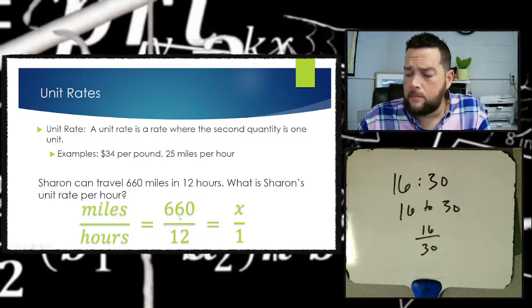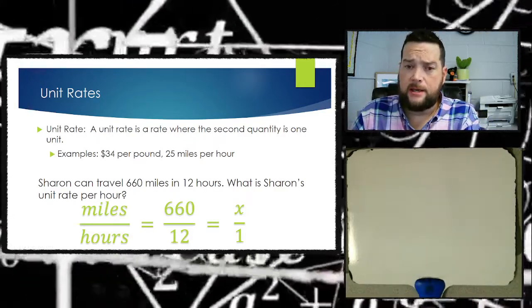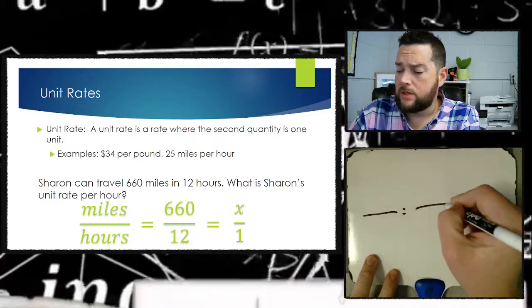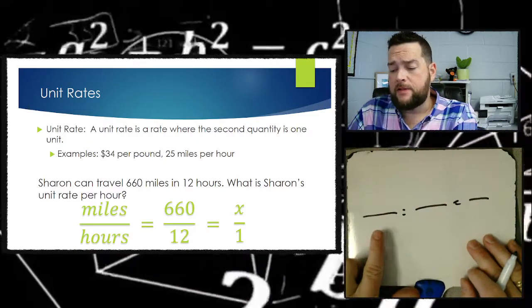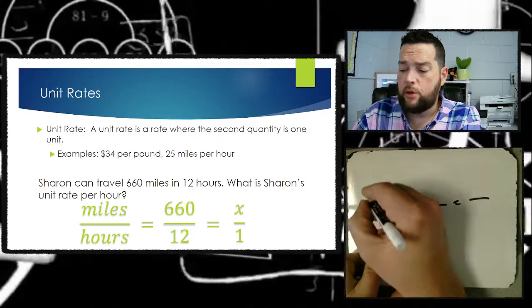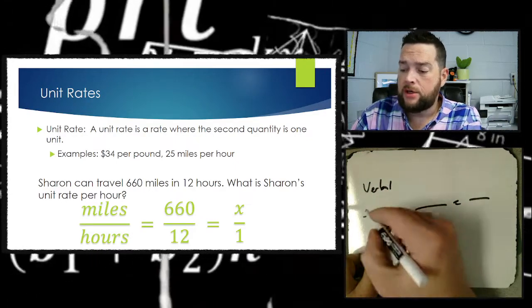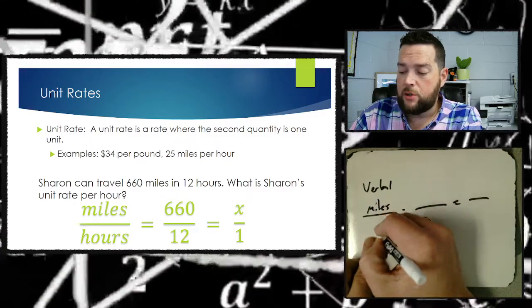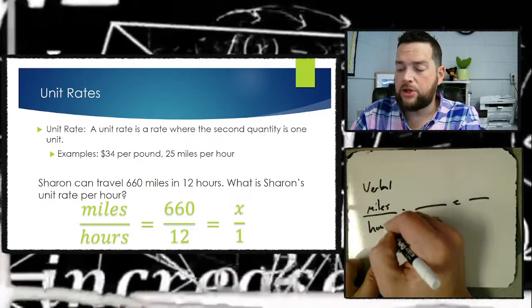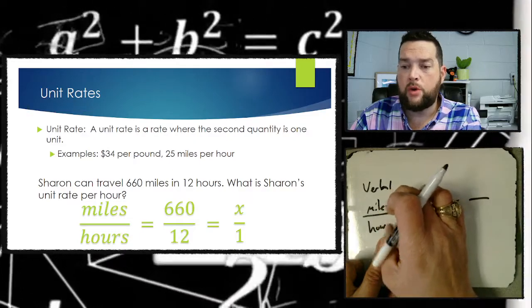To do that, I like to set up what I call a proportion map, which looks like this: line equals line equals line. The first ratio is a verbal expression. This ratio is given in miles per hour, so I express it with words.